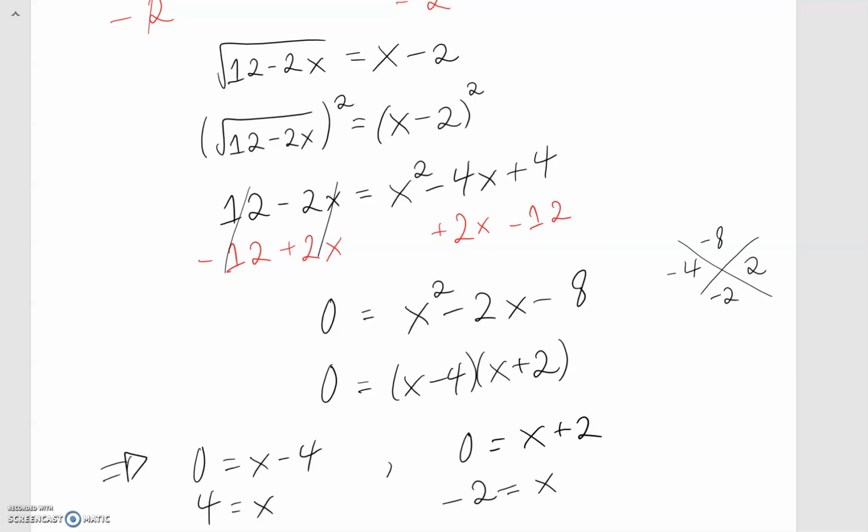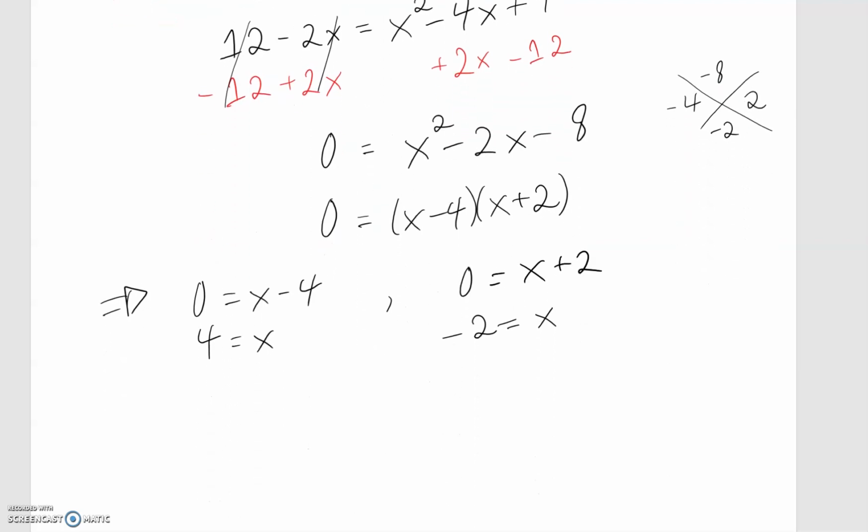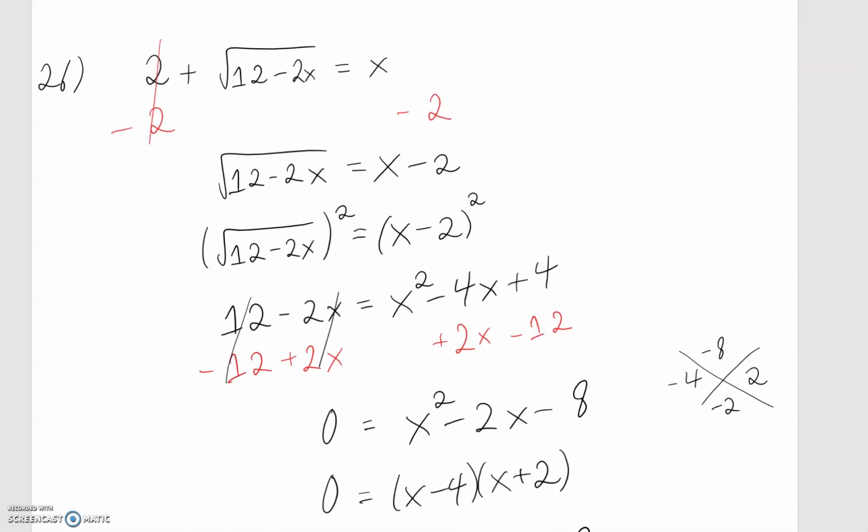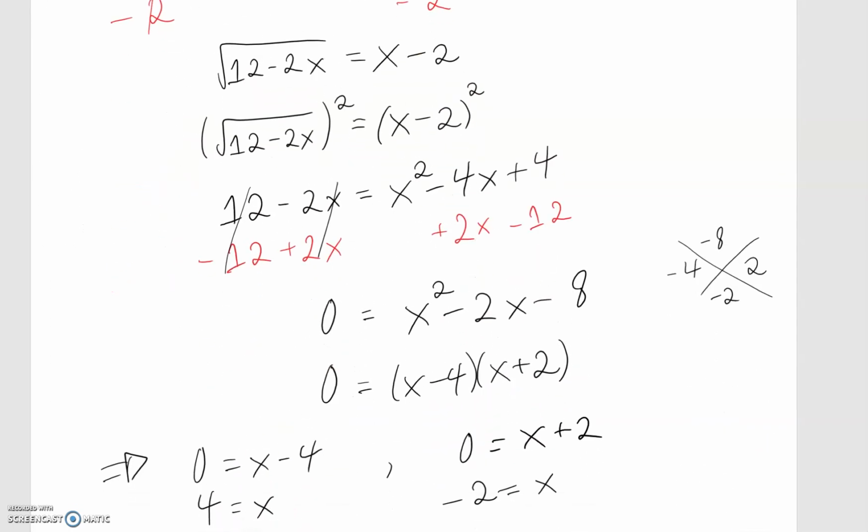The fourth step states that we need to check our solutions with the original equation. So the original equation was 2 plus the square root of 12 minus 2x equals, what did that equal?